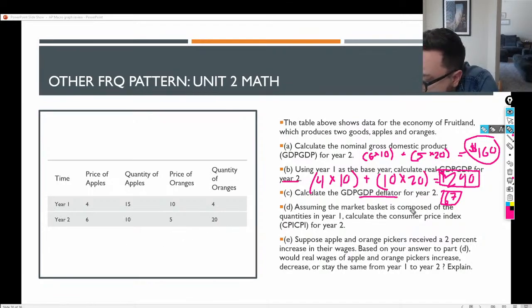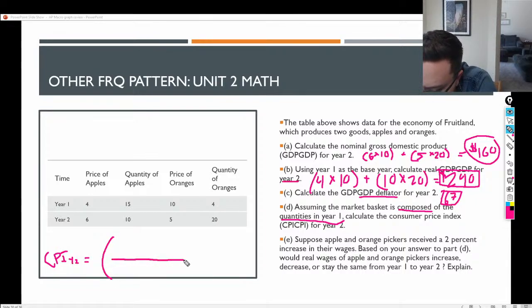So it says the market basket is composed of the quantities in year 1. Calculate the CPI for year 2. So the CPI of year 2 would equal price of the market basket in the current year over the price of the market basket in the base year times 100. Now, what's the market basket, Rich?